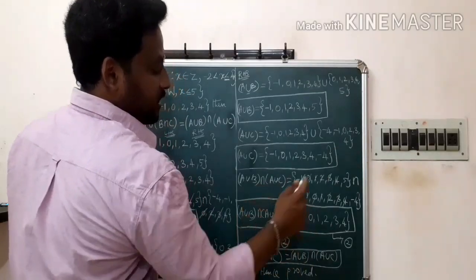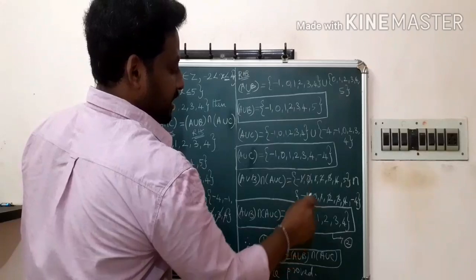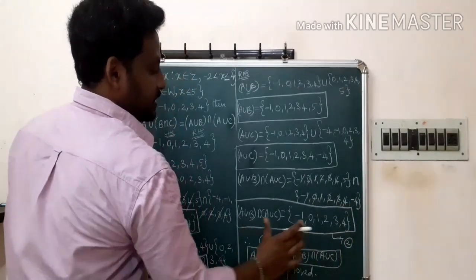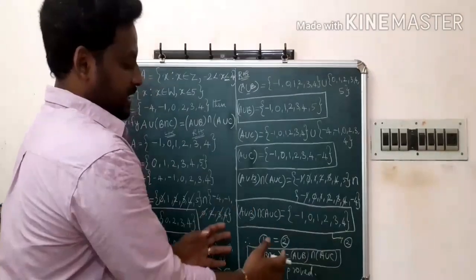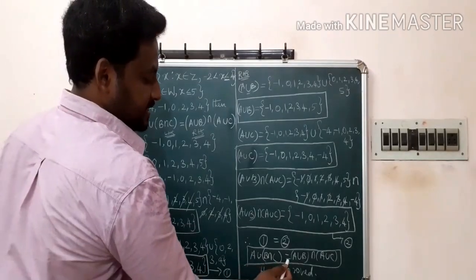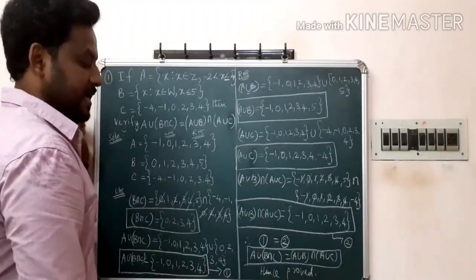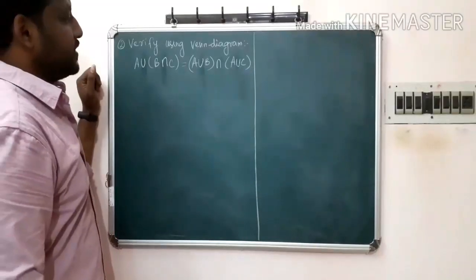Intersection means we list only the common elements: minus 1 is common, and then 0, 1, 2, 3 and 4. So this is the second equation. Looking at the first and second equations, both are equal, so the condition is satisfied. That is, A union B intersection C is equal to A union B intersection A union C. Hence proved.